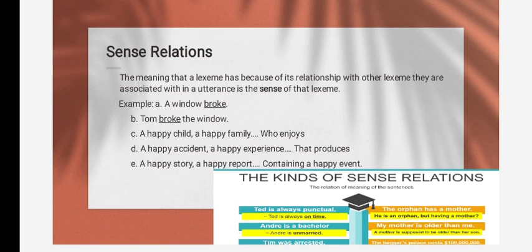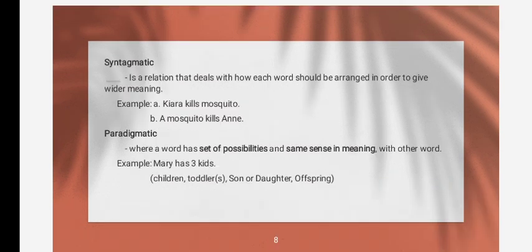Kinds of sense relation. Ted is always punctual. Ted is always on time. Andre is a bachelor. Andre is unmarried. Tim was arrested. The orphan has a mother. Syntagmatic is a relation that deals with how each word should be arranged in order to give wider meaning.